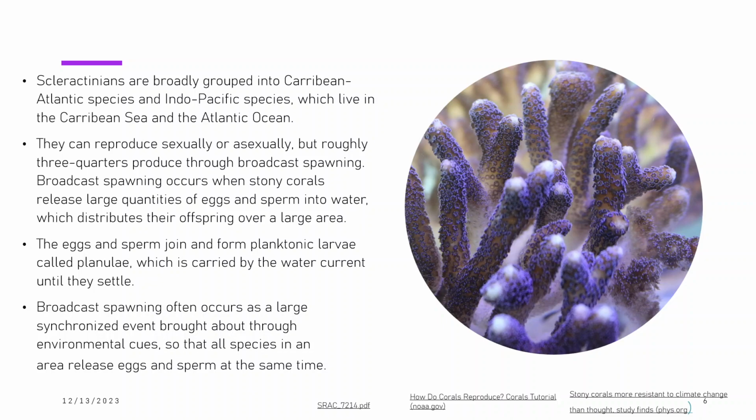The eggs and sperm join and form planktonic larvae called planulae, which are carried by the water current until they settle. Broadcast spawning often occurs as a large, synchronized event, brought about through environmental cues, so that all species in an area release eggs and sperm at the same time.